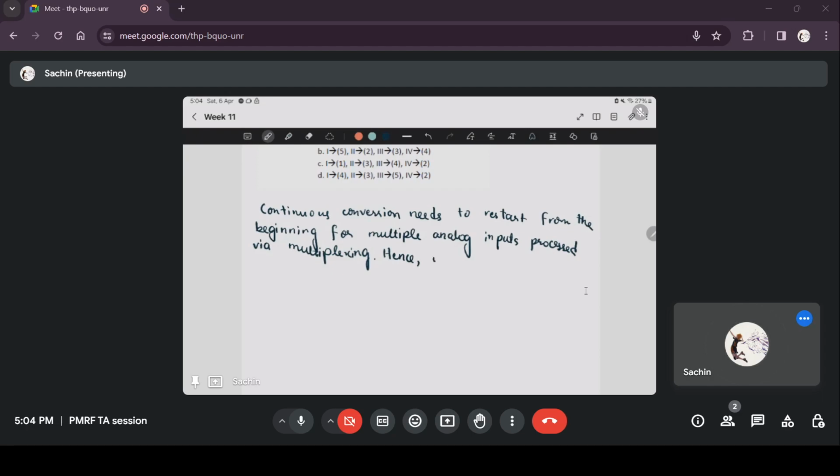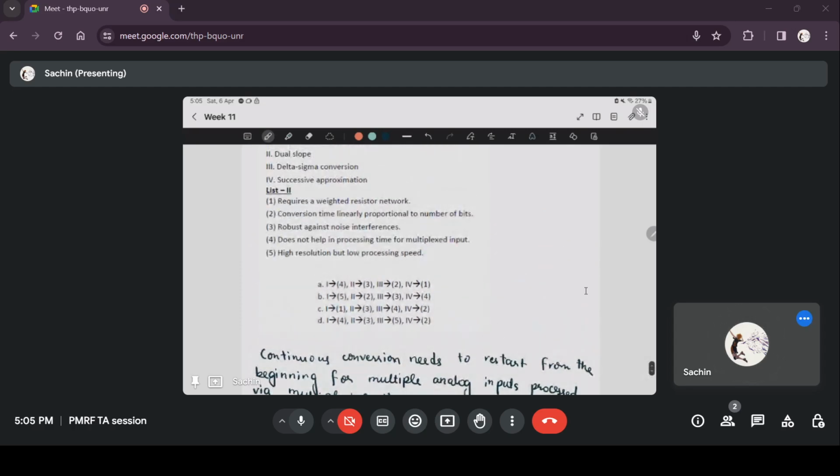Hence, under such situations, the processing time needed becomes large as tracking is not possible. That's about continuous conversion.